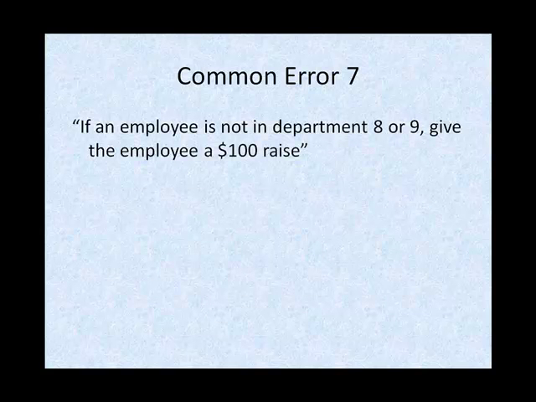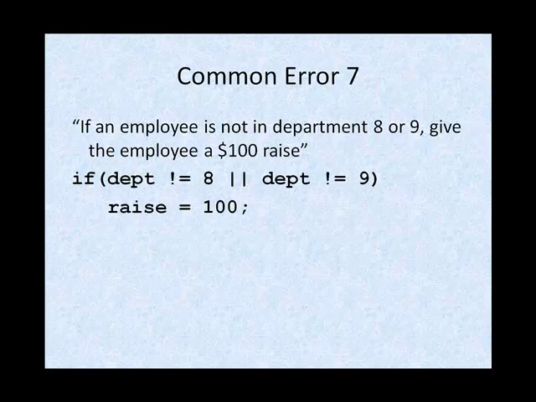Suppose a boss says to you, if an employee is not in department 8 or 9, give the employee a $100 raise. That request has the word or in it, so you might be tempted to write, if department != 8 or department != 9, give a $100 raise. However, this will give everyone a raise. For example, assume an employee is in department 9.